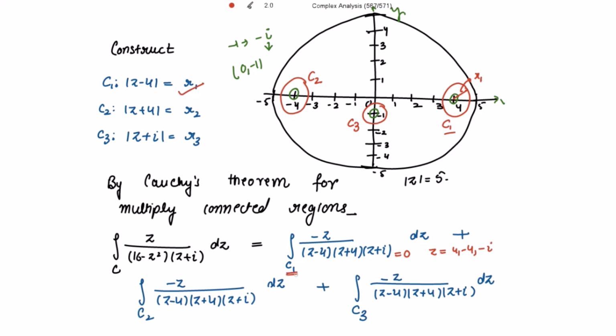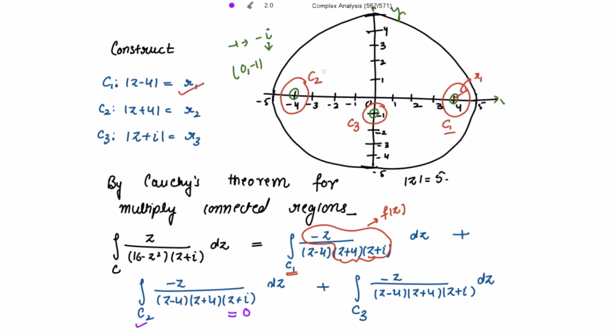For C1, only the point z = 4 lies inside the circle. So we can include the other two brackets in the numerator, taking that to be f(z). For this integral, we are taking f(z) to be equal to this. Now when taking this denominator equal to 0, which factor gives the point which lies outside the C2 circle?